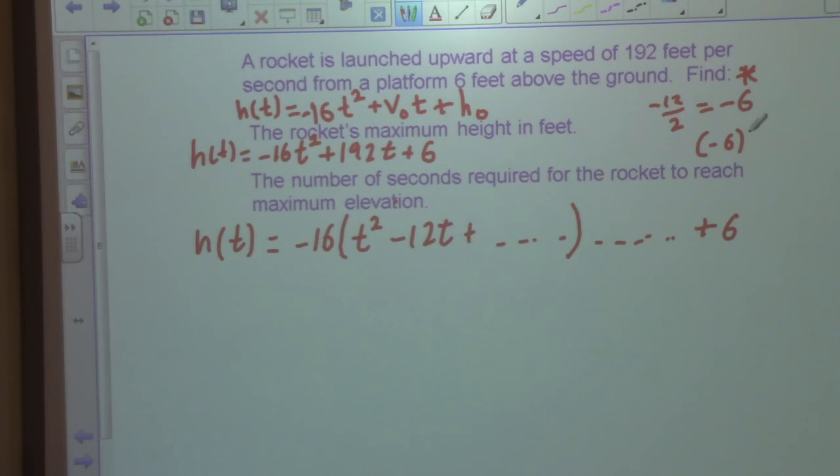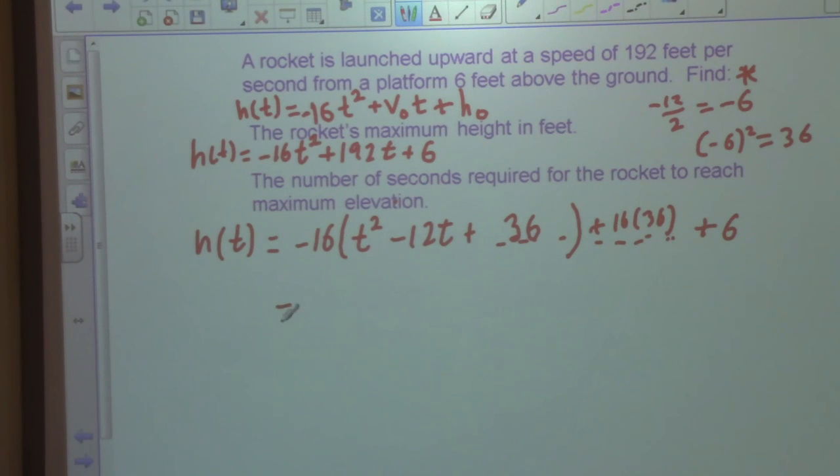Negative 6 squared is 36. So we're going to put 36 here, and what goes out here? Minus 36. Well, what we have to do is counteract that, so we're going to put plus 16 times 36. That's right.